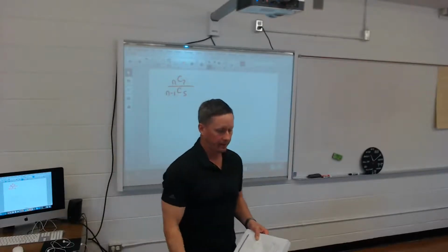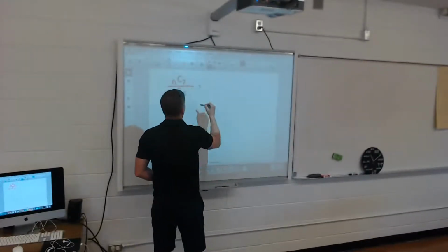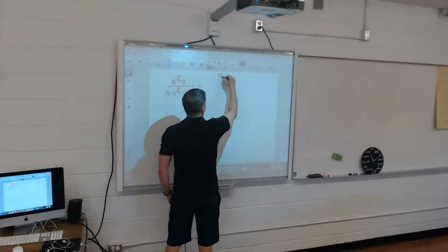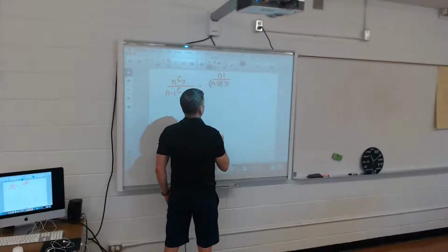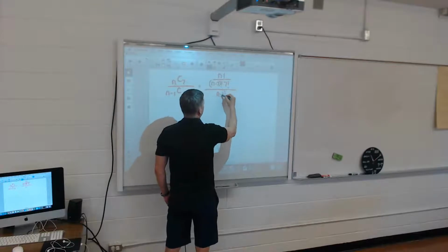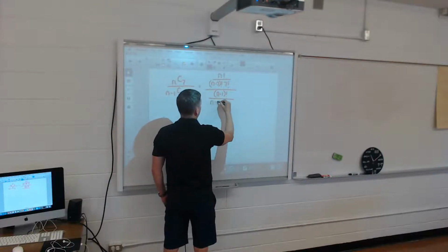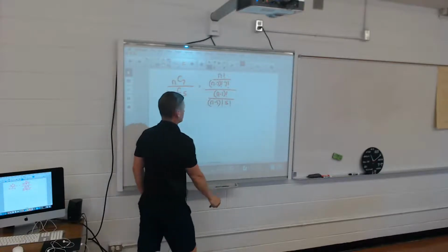So it's going to look awfully complicated when we write this out, but here's what happens. I've got n factorial on top. I have n minus 7 factorial times 7 factorial here. And on the bottom, I have n minus 1 factorial over n minus 5 factorial, 5 factorial.